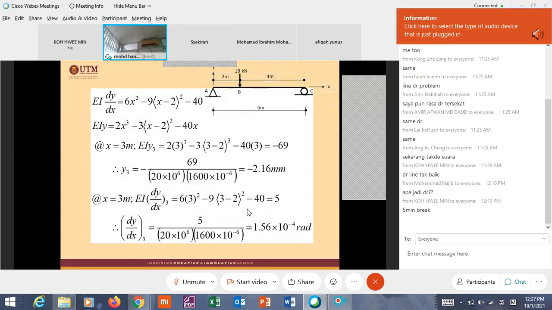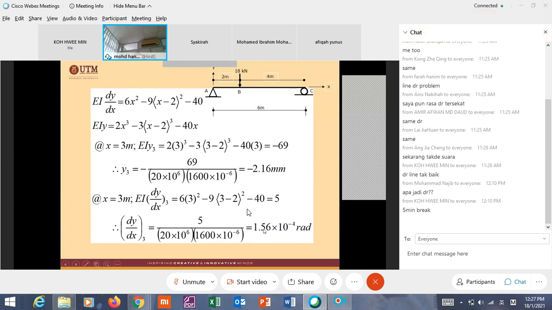And what is the slope? The slope at midspan is equal to 1.56 times 10 to the power of minus 4 radian. Very, very small, because here at 3 meter, at midspan, for the case of symmetrical loading, the slope at midspan is equal to 0.